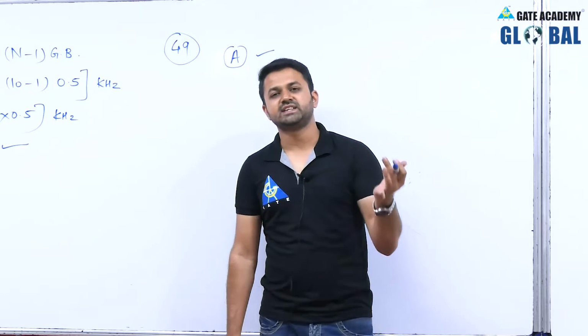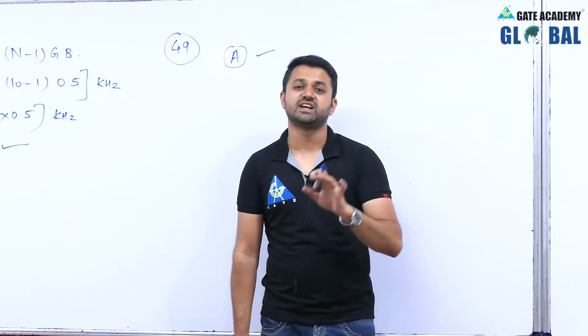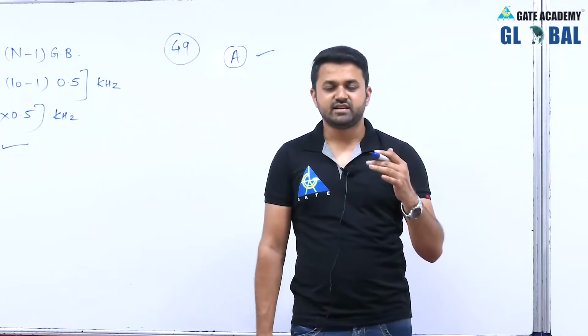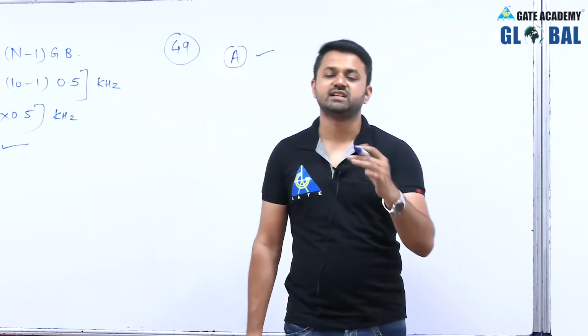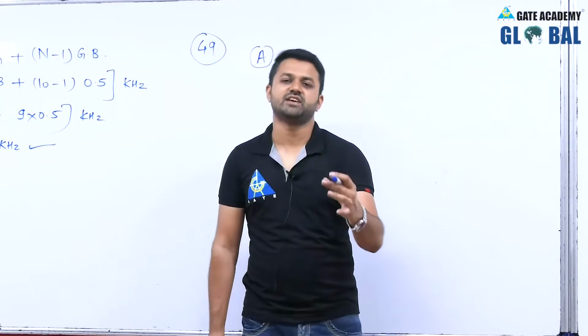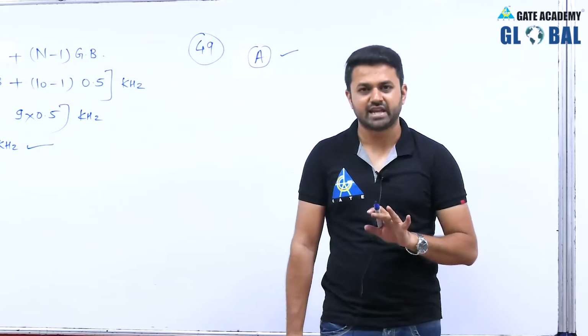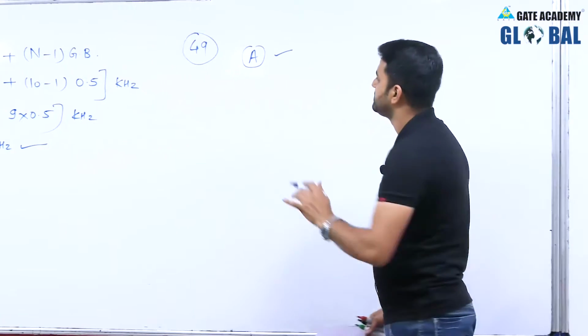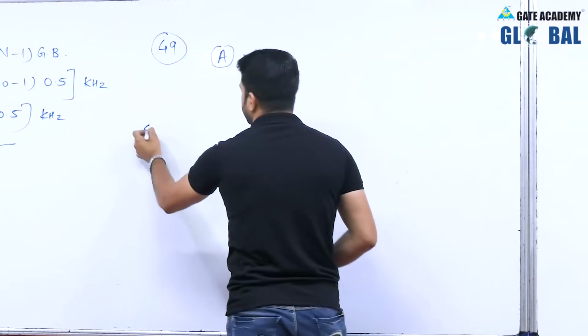And why does it have the range 60 to 108? Because we considered the message signal ranging from 0 to 4, and 12 such channels are considered, and after considering the 12 such channels with carrier frequency 60 plus 4n, we got the range 60 to 108. So the correct answer is option A.